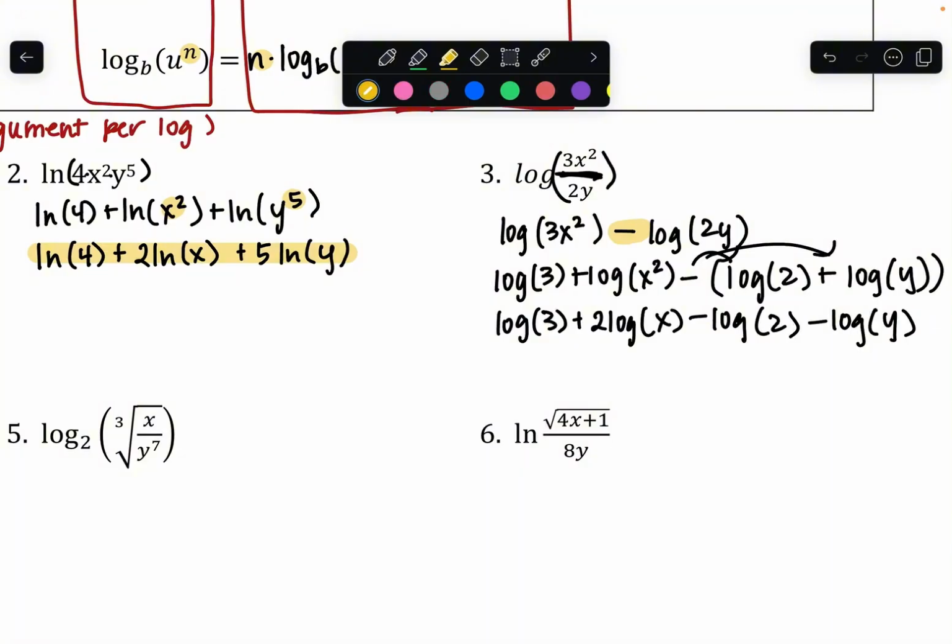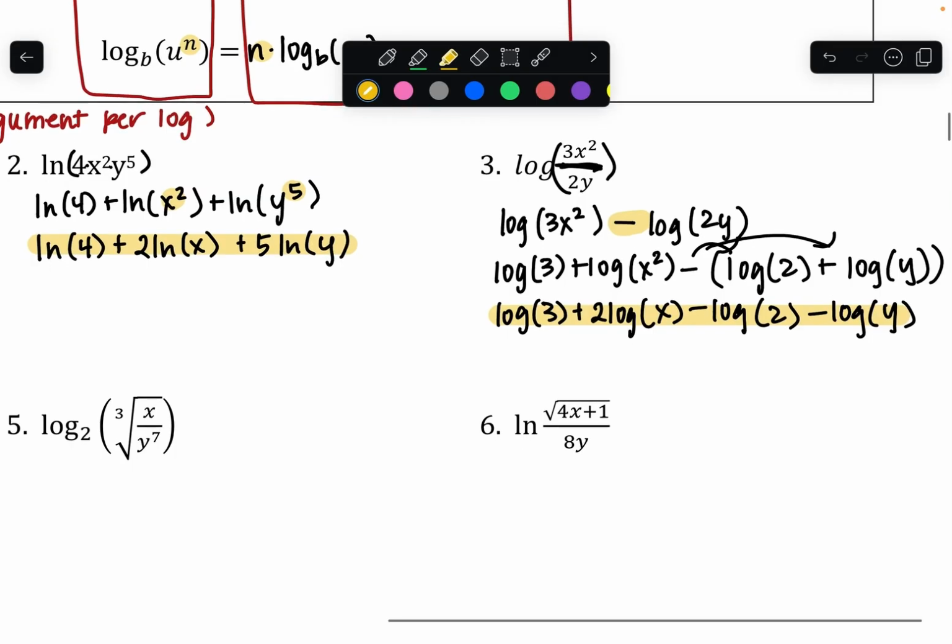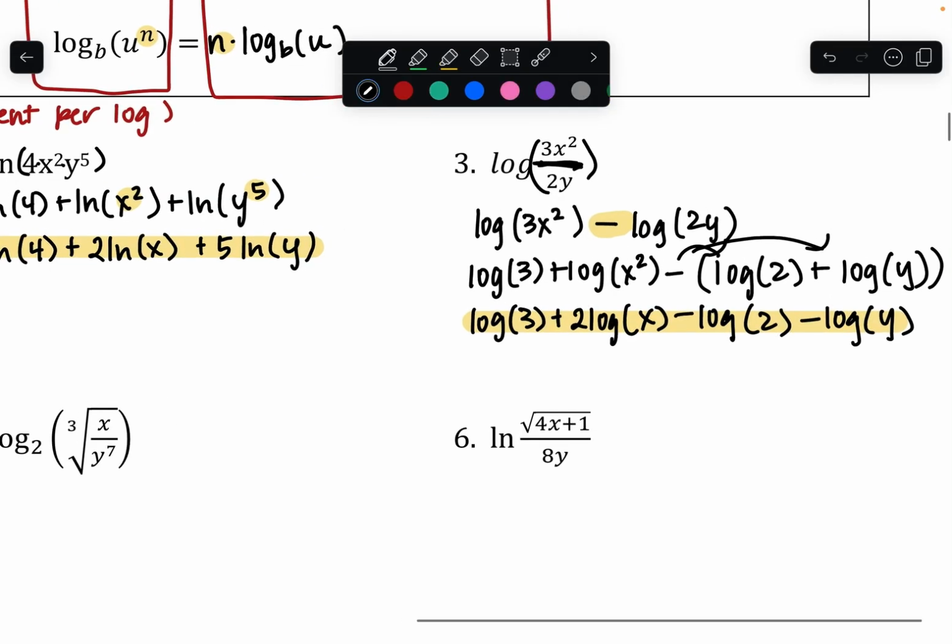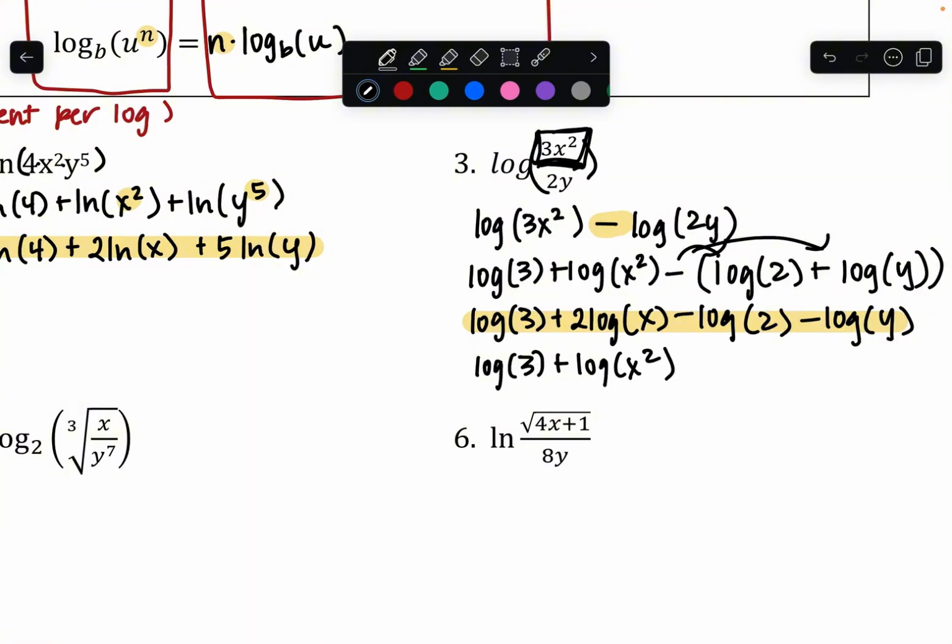Okay, and so I want to give you a trick to how you could skip to this last step. When you see a fraction, anything on the bottom is going to be inside a negative log. Anything on top is going to be inside of a positive log. And so you could immediately jump to log 3 plus log x squared, those are in positive logs, minus log 2 minus log y.